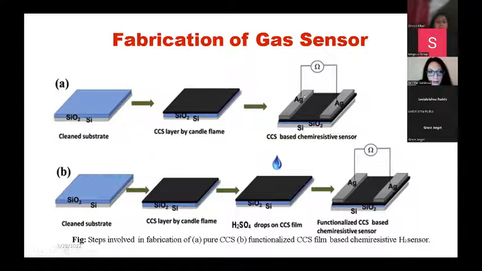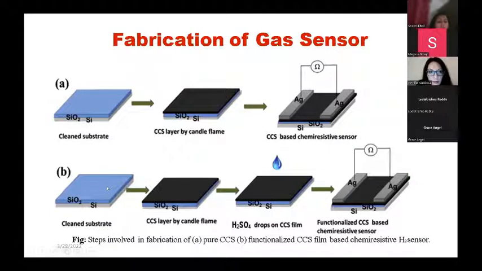After that, we made two contacts that connect with the multimeter, from where we can see the change in resistance when we put this sensor in hydrogen gas. This is the process for the simple as-synthesized carbon soot material, but we found that the detection of hydrogen gas with the simple as-synthesized carbon soot is not possible.